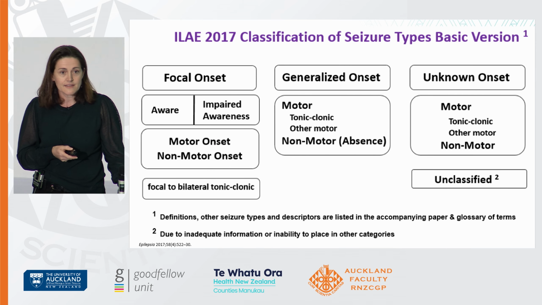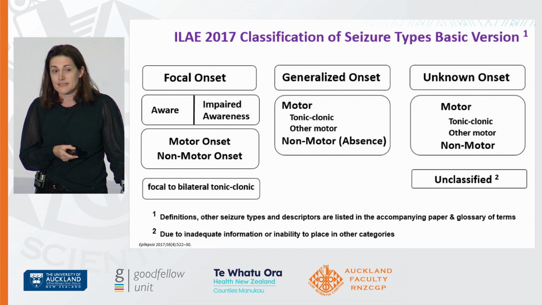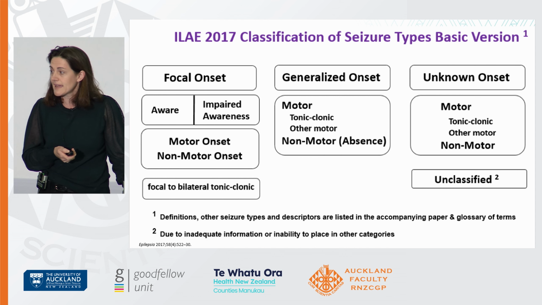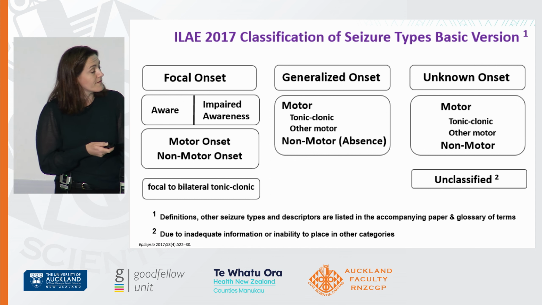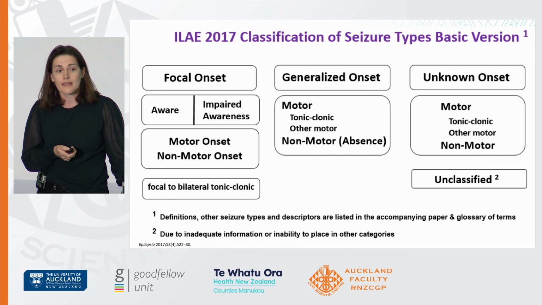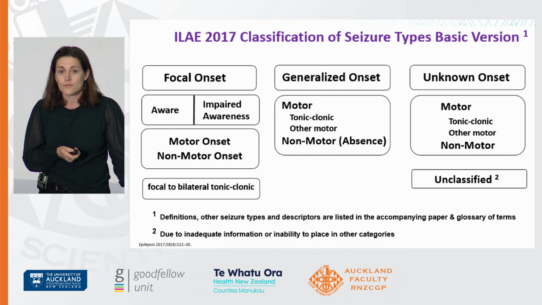The terminology for classification is tough to keep up with, even as a neurologist. Seizures are now classified according to whether the seizure is focal in onset or generalized in onset, or sometimes you don't know. Within focal onset seizures, we think about whether the child's awareness is maintained or impaired.